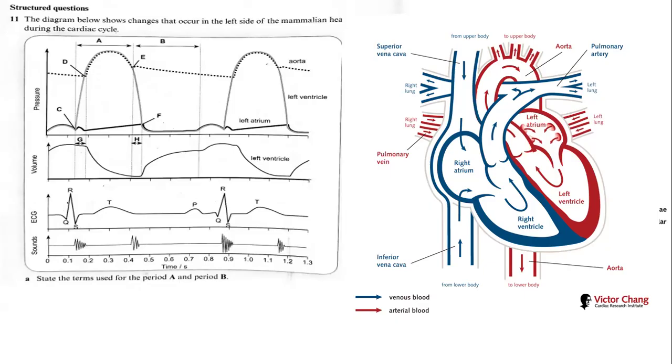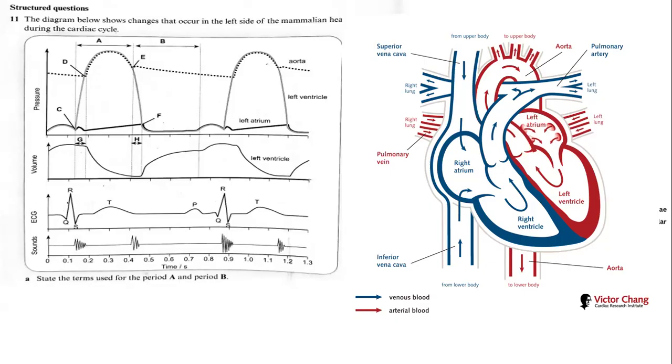Leonie and Aquil, do y'all understand that? For B and A? Okay, good. So this is ventricular systole, and this is ventricular diastole.